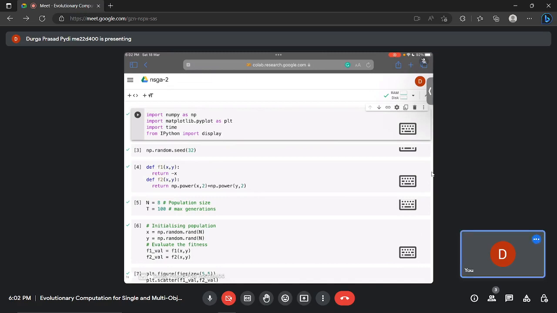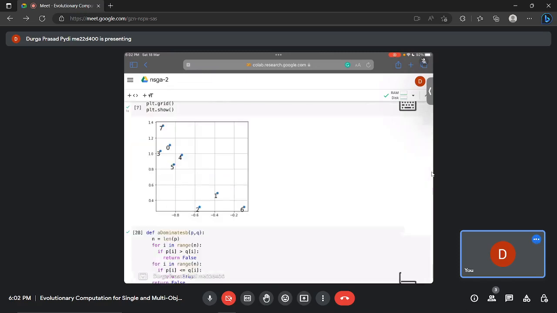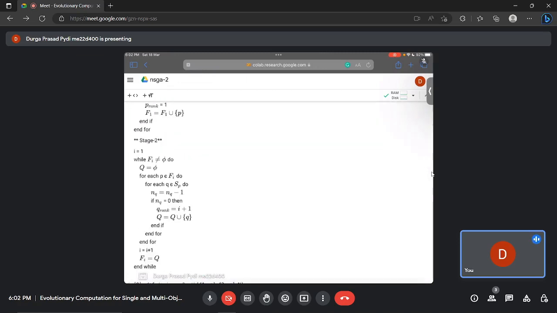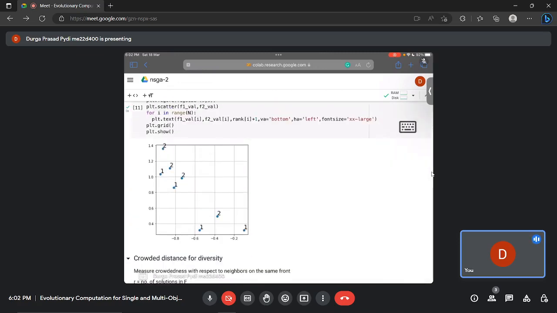The last front can have 2 solutions also, right? It can have 2, 3, any number of solutions. You cannot say how many solutions you'll be having in the last front. In this particular case, there are 2 fronts. The first front has 4 solutions, and the second front has 4 solutions. So your last front is your second one, and that has 4 solutions.